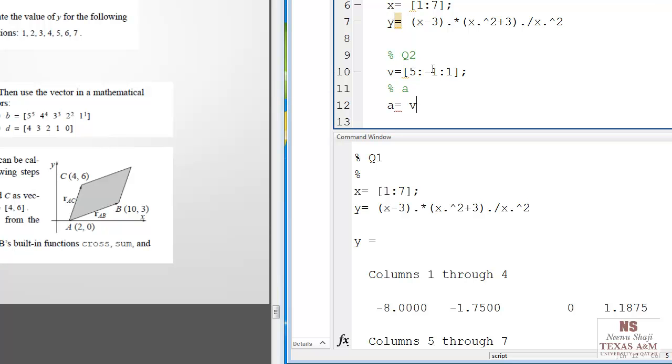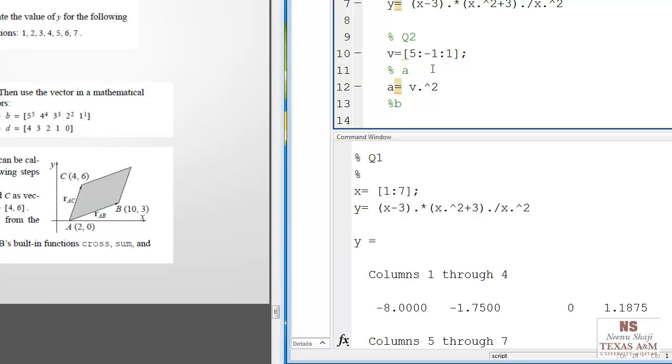Its name is v and each element is raised to 2. Part B, the vector B equals v raised to every element in v again. So v dot raised to v.